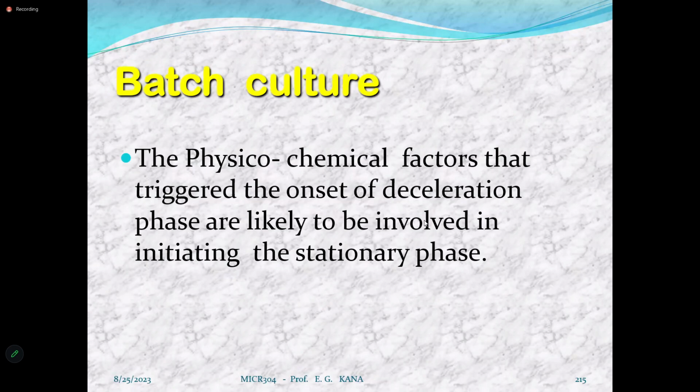If the deceleration phase was triggered by accumulation of toxic substances, it's highly likely that the stationary phase will be triggered by the same factor. Take note of that as well. You can highlight this section in your material.